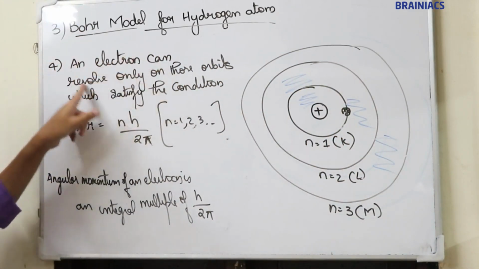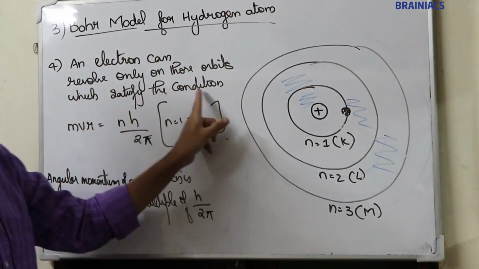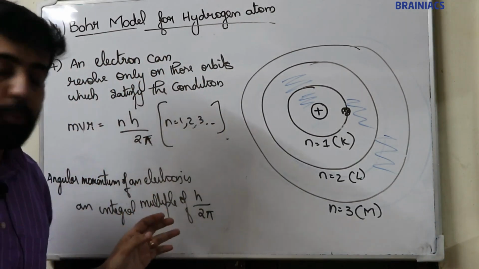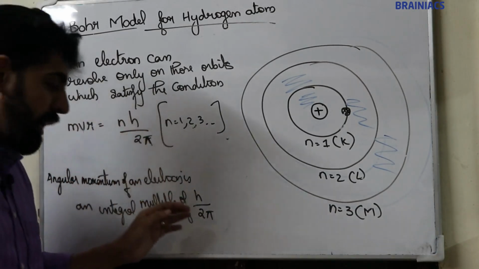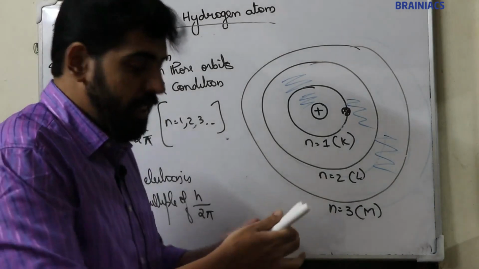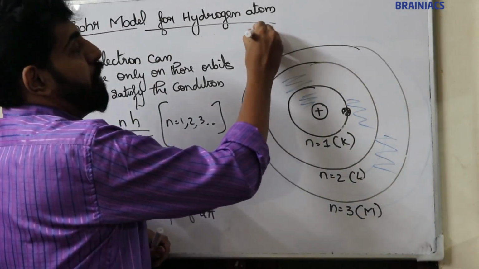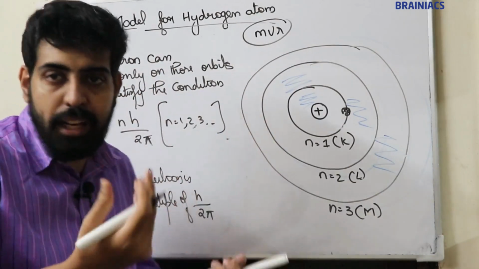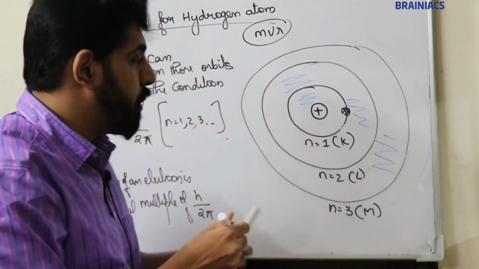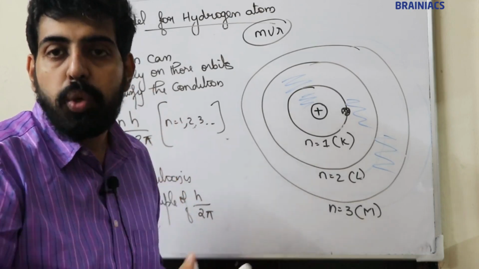An electron can revolve only on those orbits which satisfy the condition mvr is equal to nh by 2 pi. mvr, the angular momentum of an electron, is an integral multiple of h by 2 pi. That means mvr is the momentum due to rotational motion.